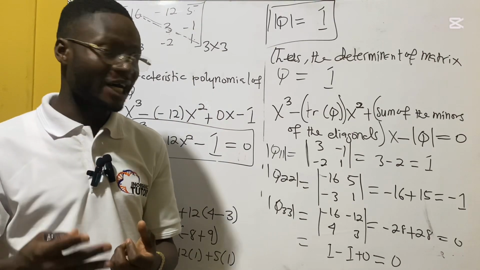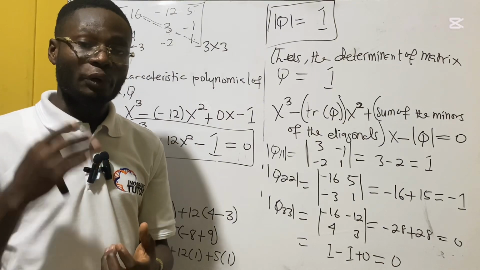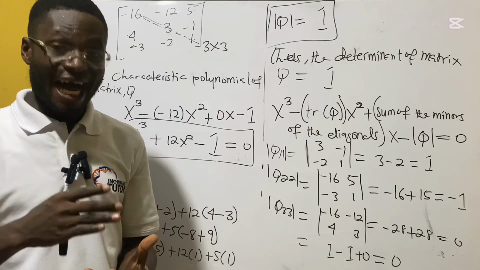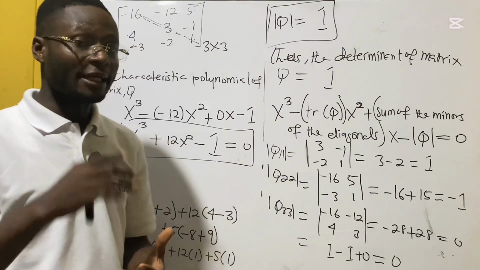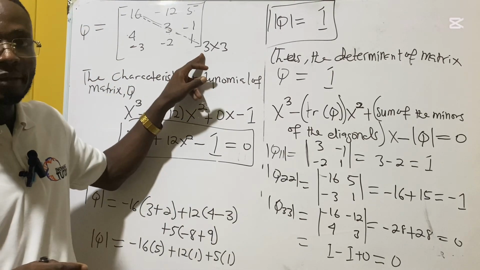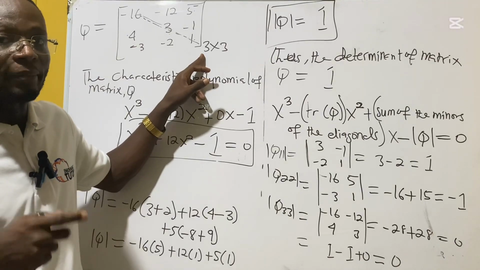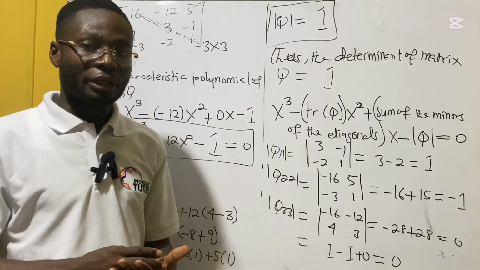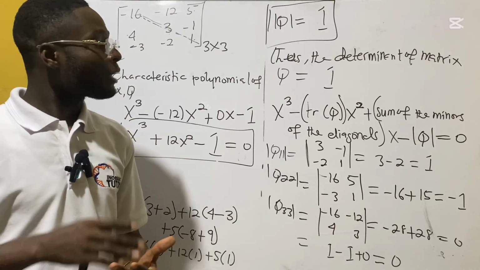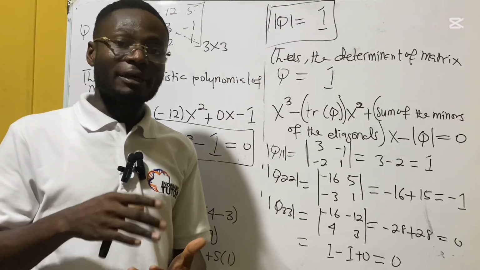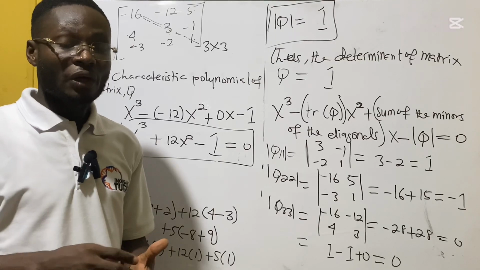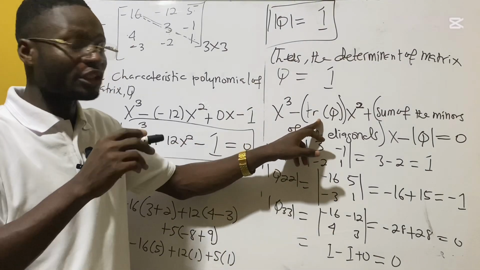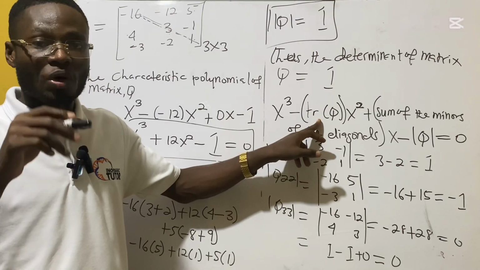If you want to find the characteristic polynomial, look at the size of the matrix. So here, the dimension is 3 by 3. So our polynomial becomes s cubed minus the trace of Q, s squared. And we have the trace of Q to be minus 12. So we have s cubed minus minus 12 s squared.